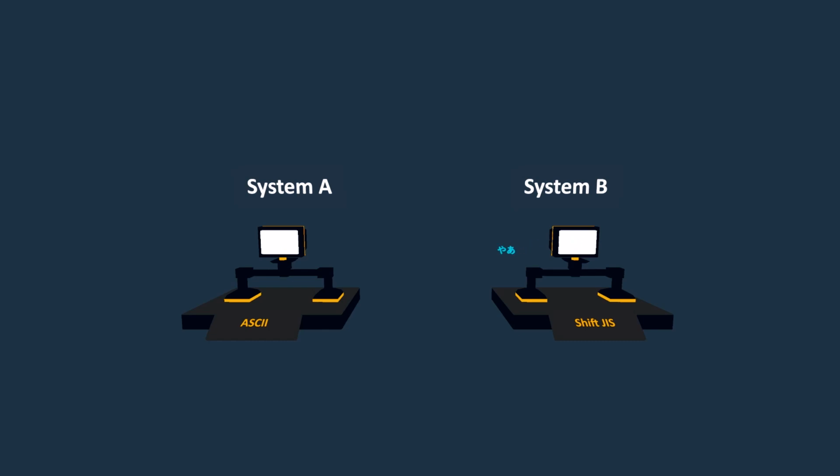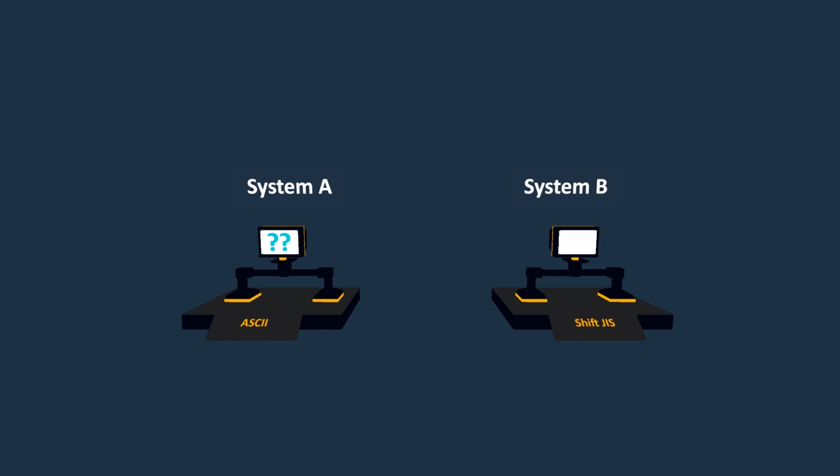Suppose System B sends a message containing Japanese characters like this to System A. After receiving the message, System A cannot display Japanese characters correctly because it uses ASCII encoding, which cannot interpret these characters.